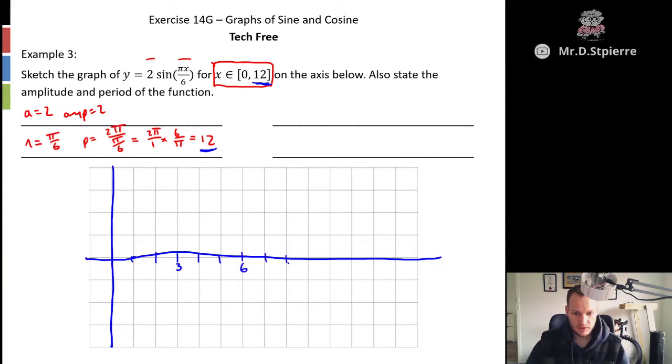It's a sine graph, so straight away we know sine of 0, even when we put in this transformation, pi times 0 is still 0, so sine of 0 equals 0, times the 2 is still 0. That's going to be 2, negative 2.